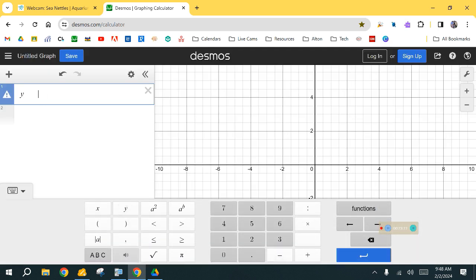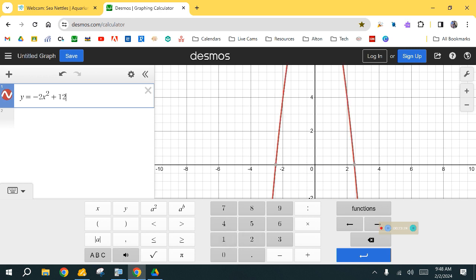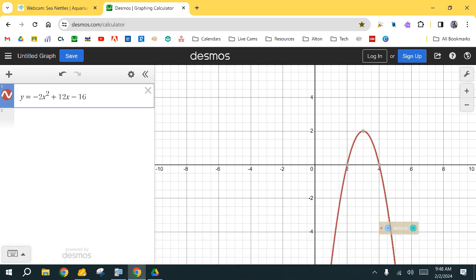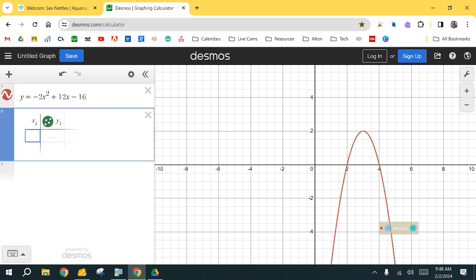Okay, now to my decimals people, and then I'm going to do something here in just a minute. Y equals, what was it, negative 2x squared, what's the next piece? Plus 12x, and then what? Minus 16, duh. Okay, if on yours, shoot. How did I change it to table values? What reference is up top?